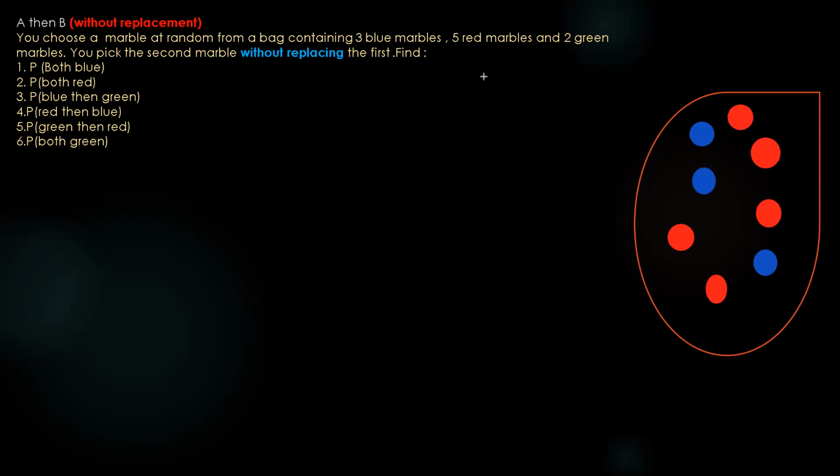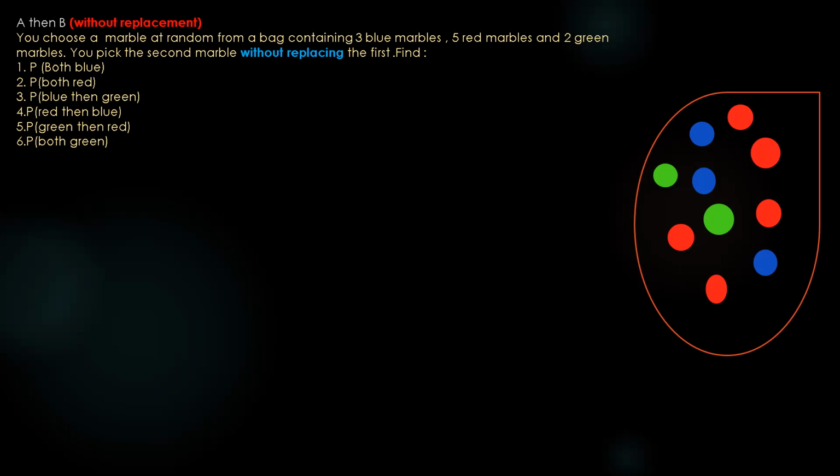And we have 2 green marbles. So here now, as you see, we have a lot of marbles. How many are they? They are 5 plus 3, 8, plus 2, 10. So we have 10 marbles.